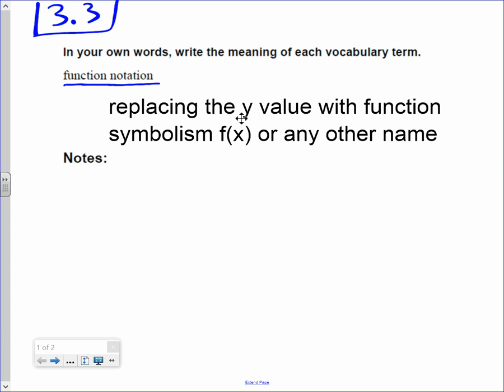Replacing the y value with function symbolism f of x or any other name. Write that down.